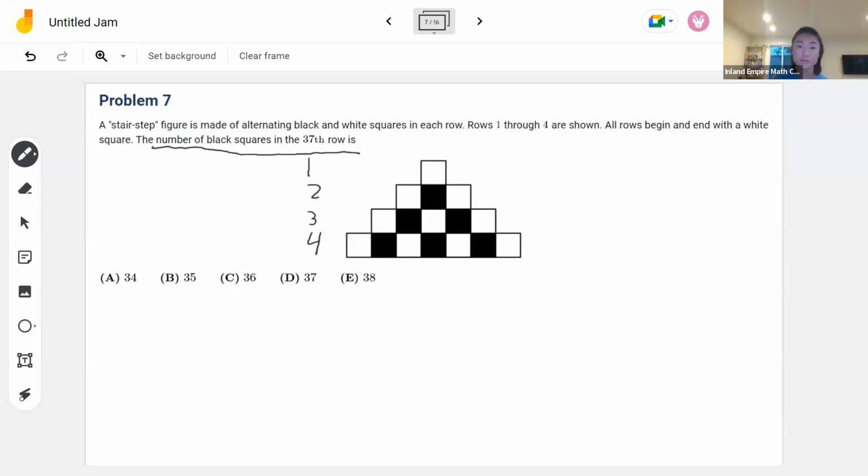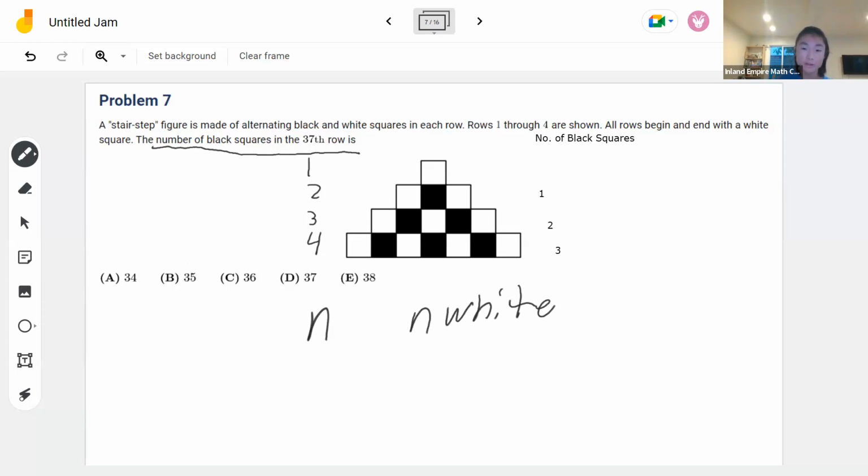In the first row, we have 1 white square and no black squares. In the second row, we have 2 white squares and 1 black square, right? Third row, we have 3 white squares, 2 black squares. And in the fourth row, we have 4 white squares and 3 black squares. So from this, we can find a pattern, right? For row n, we will have n white squares.